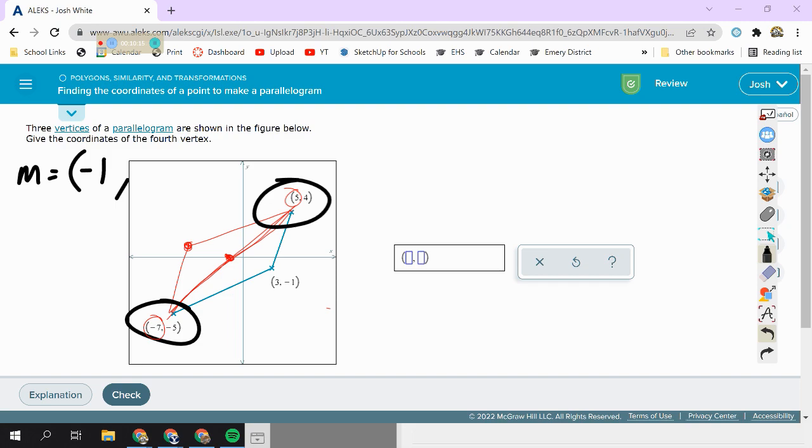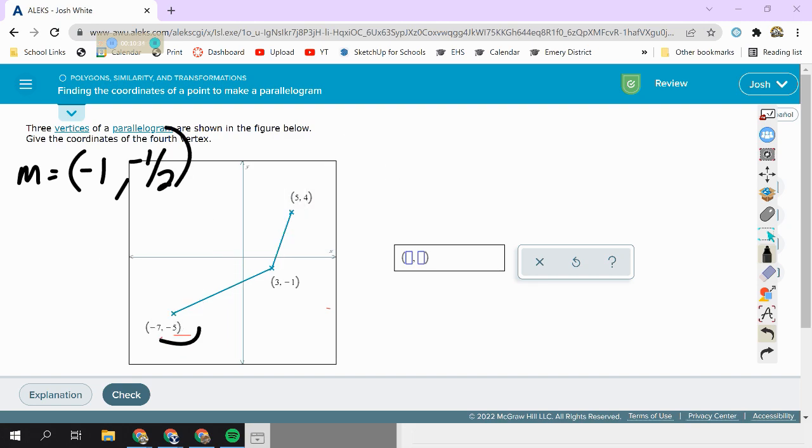Okay. What about the y value? What is halfway between 4 and -5? So 4 plus -5 is -1. Cut that in half, and I get -1/2. Okay. So if I graph that point, -1, -1/2, right here.